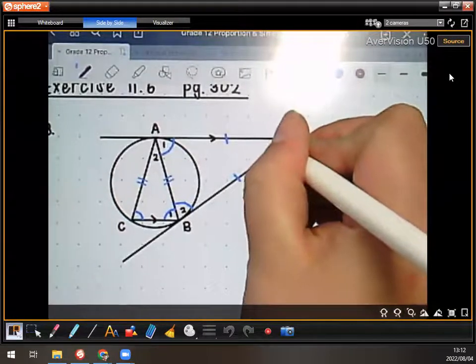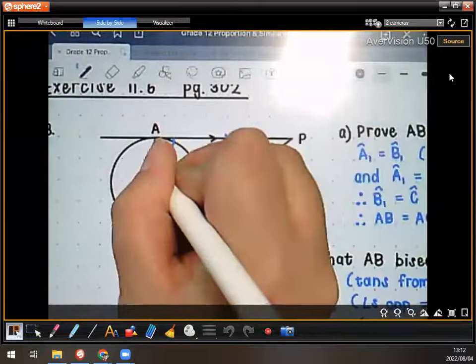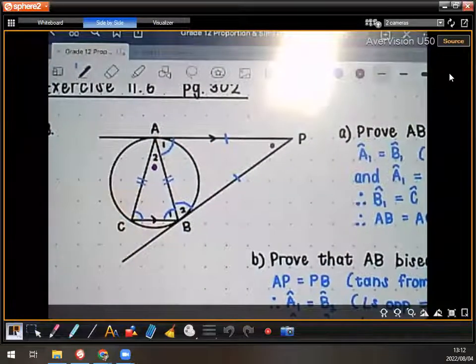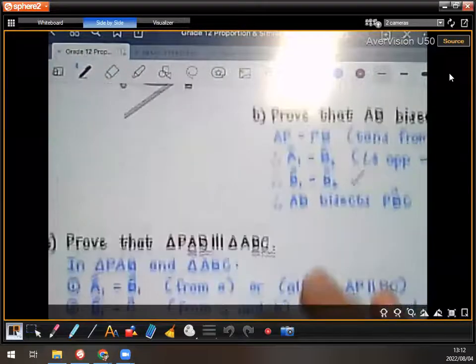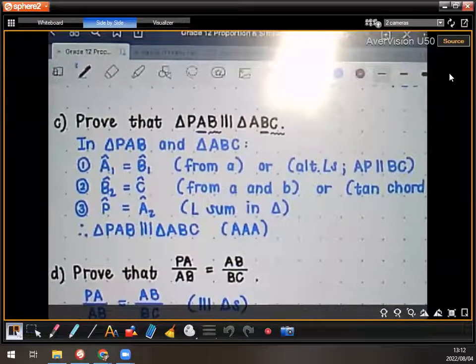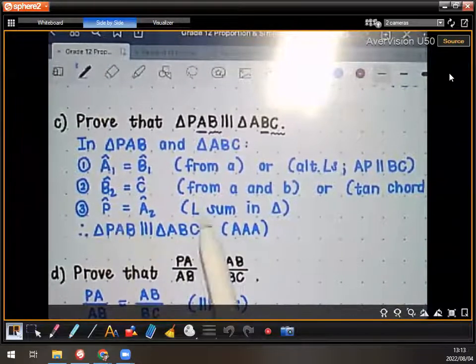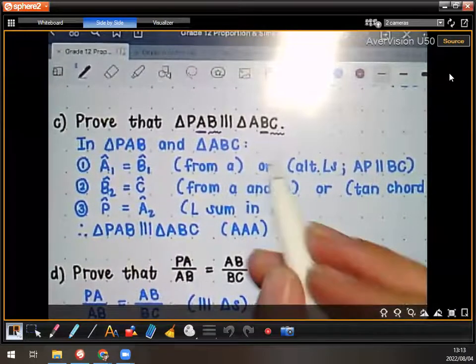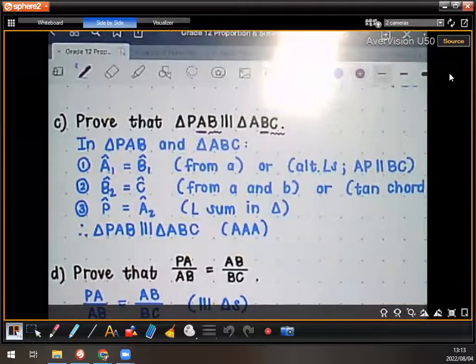So that was angle P equal to angle A2. And what's your reason for that third line always? Angle sum of a triangle. Then you just rewrite the similarity statement, which is what they did give you anyway in the question. And your reason is angle, angle, angle.